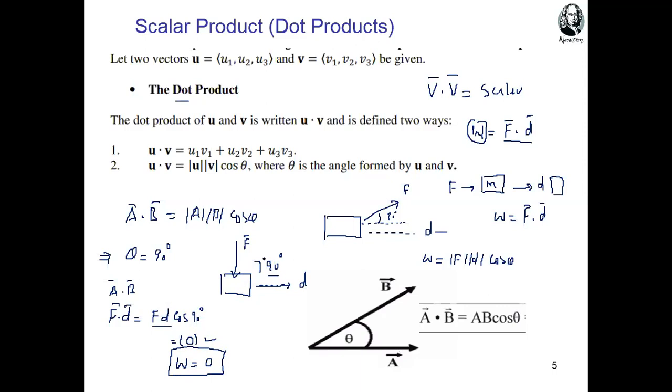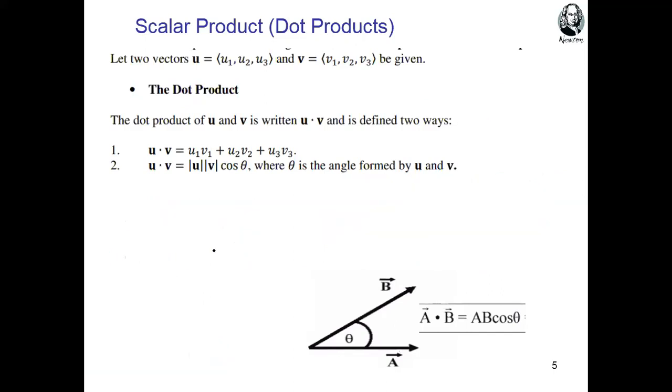Okay, second concept is when the angle is 0 degree. For example, when theta is equal to 0 degree, you apply force on this body in this direction and you displace this body along the x-axis. So in this case, the angle between force and displacement is 0.